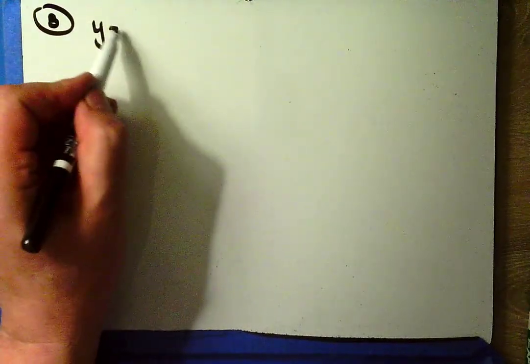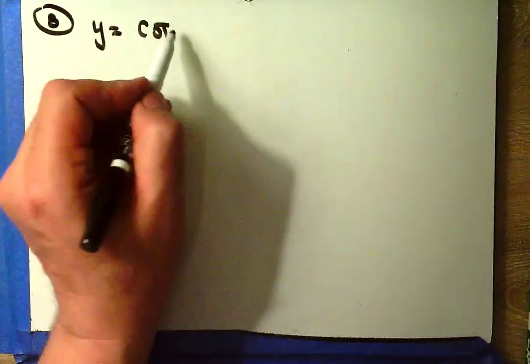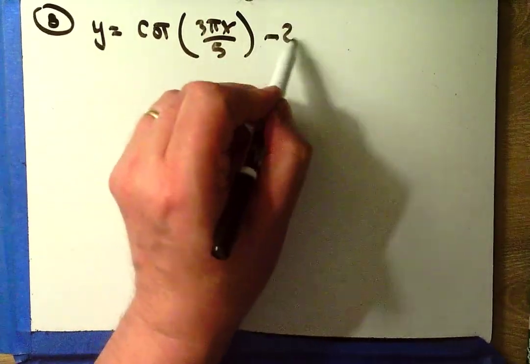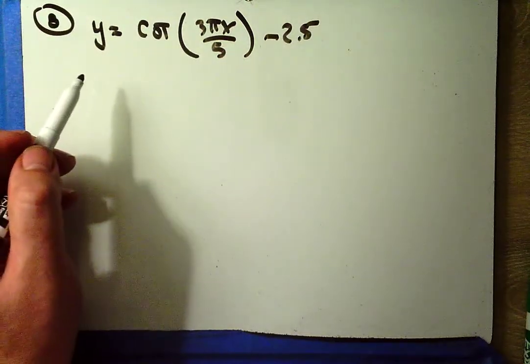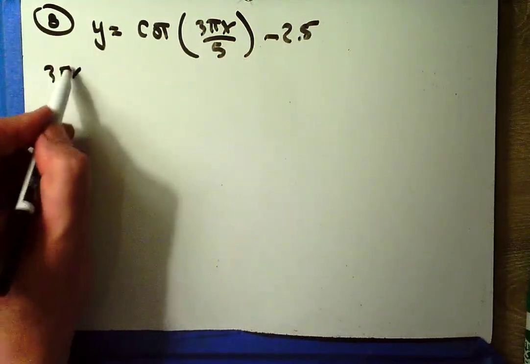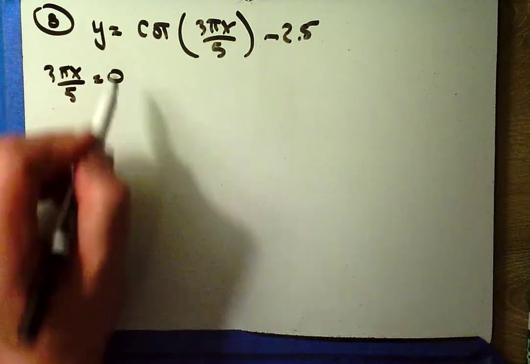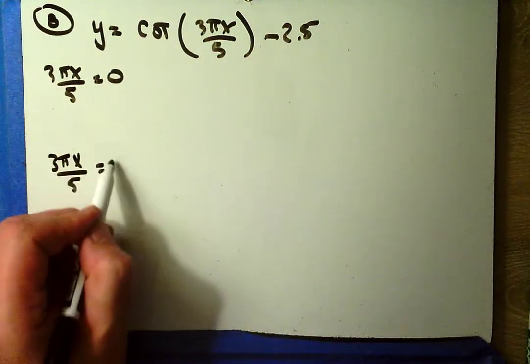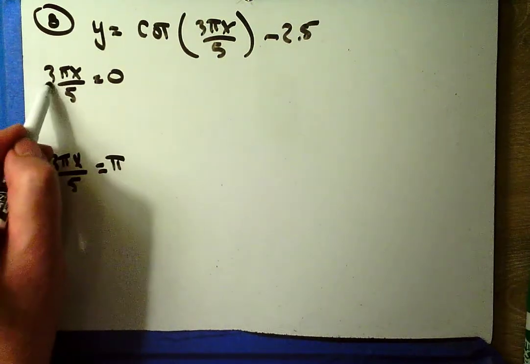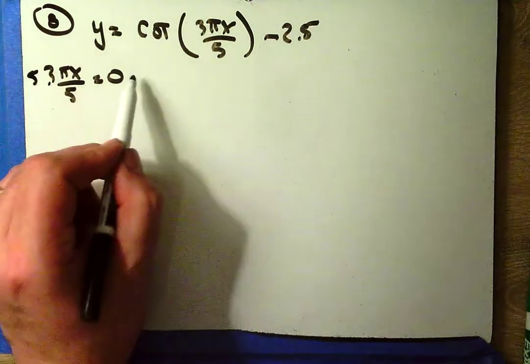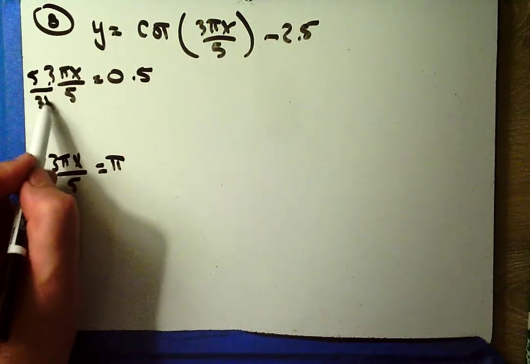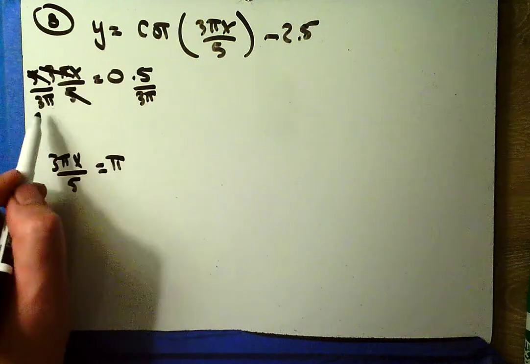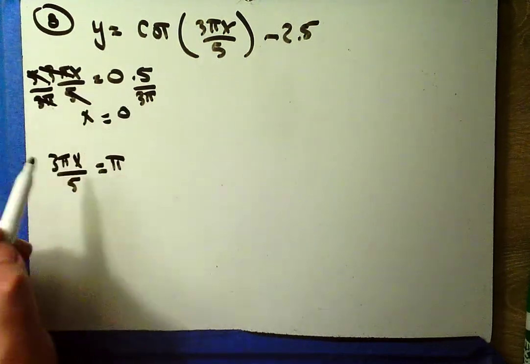8 says y equals cotangent 3 pi x over 5 minus 2.5. Okay, so 3 pi x over 5 equals 0, and 3 pi x over 5 equals pi. So if I multiply both sides by 5 and divide both sides by 3 pi, these cancel, and I get x equals 0.